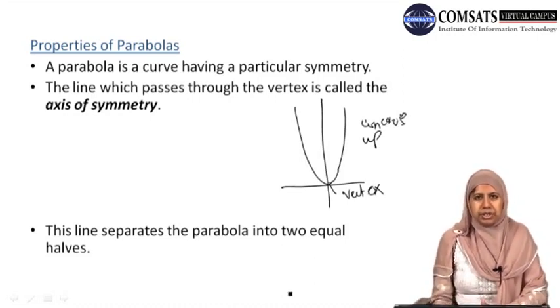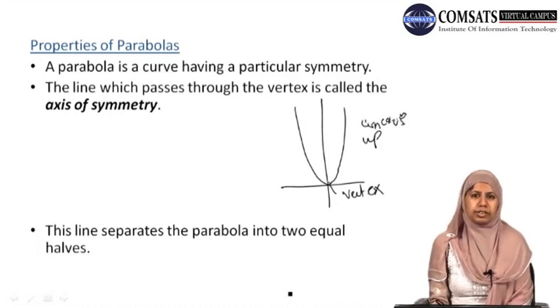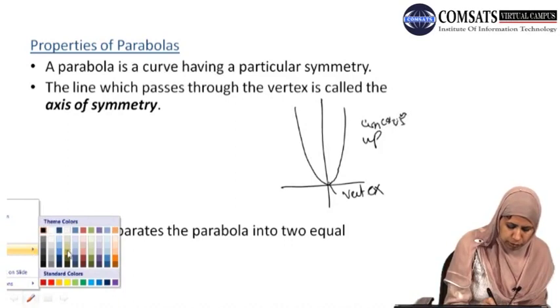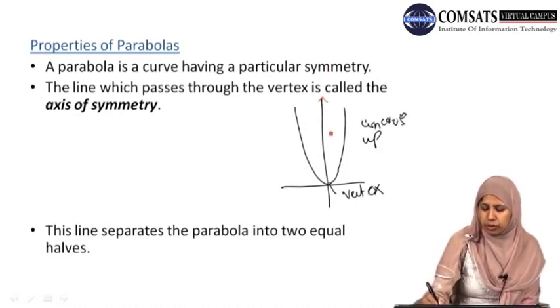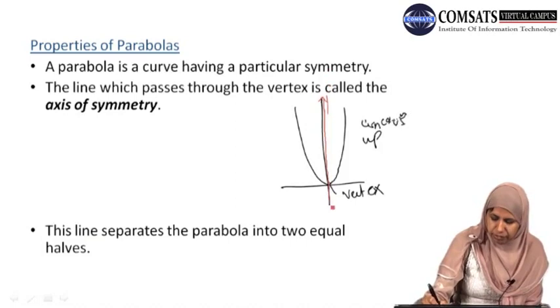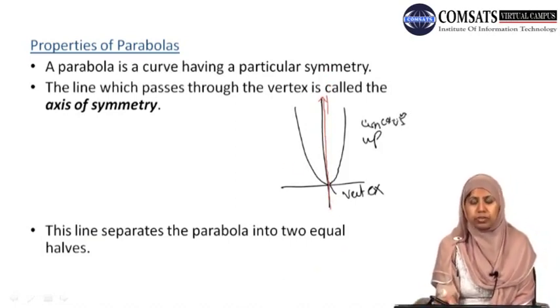Further information we have is that the line which passes through the vertex is called the axis of symmetry. In this case, if we look closely, this y-axis is passing through our vertex, that is, through that particular point which is the origin here.